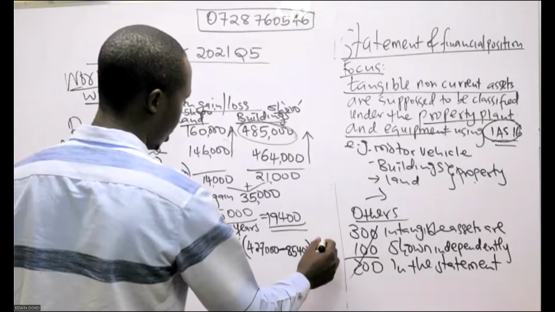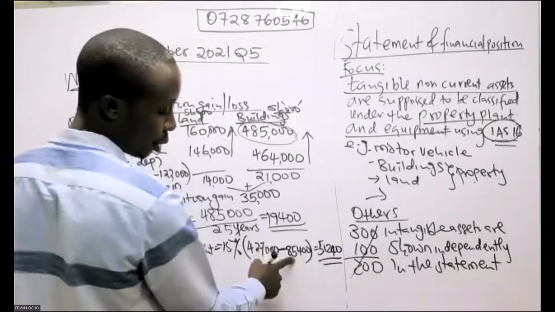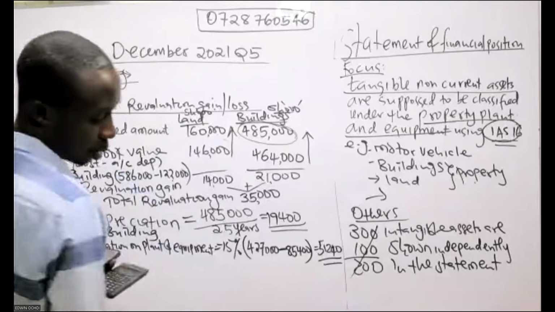So this is 51,240. Remember, for reducing balance method, you say cost minus accumulated depreciation, then times the rate.